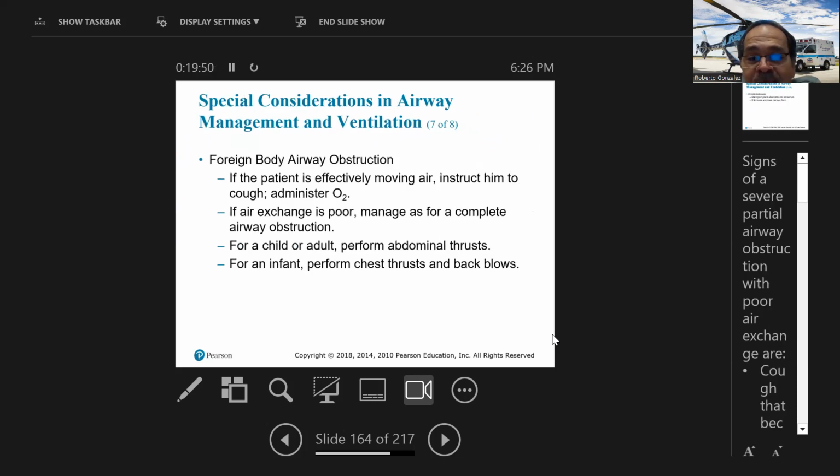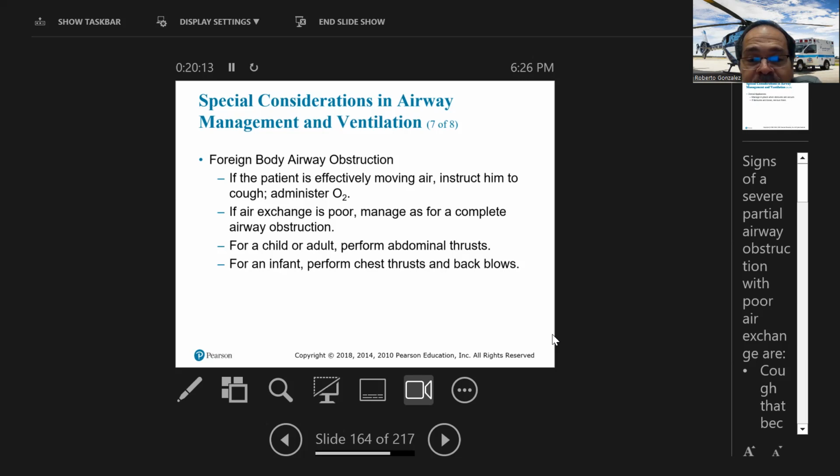You may have a foreign body obstruction or airway obstruction. If the patient is effectively moving air in and out, instruct them to cough and administer O2. Coughing will displace any partial airway obstruction. If air exchange is poor, manage as for a complete airway obstruction.